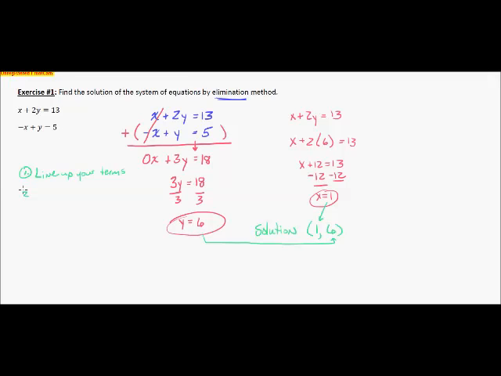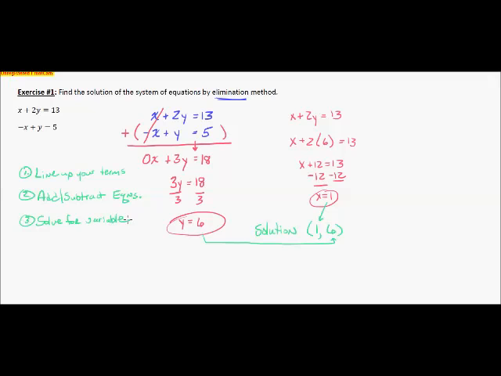Number 2, add or subtract the two equations. Now sometimes you have to do a little work beforehand. We're going to get to an example where you have to do a little work beforehand before you add or subtract those equations. Number 3, solve for the variable.